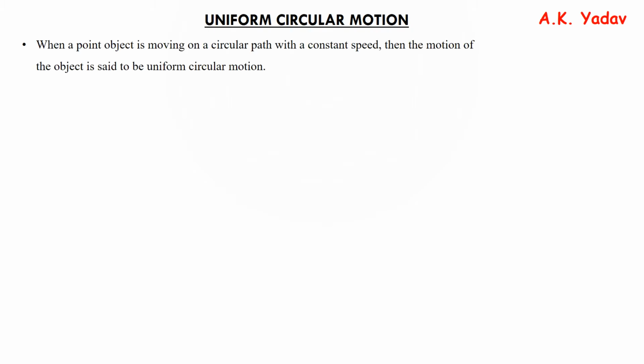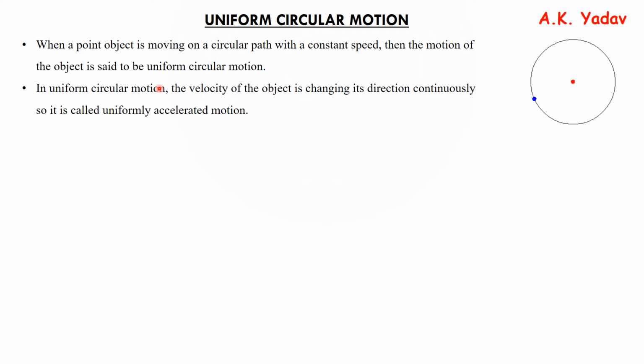Now, uniform circular motion. When a point object is moving on a circular path with a constant speed, as you can see here, then the motion of the object is said to be uniform circular motion. In uniform circular motion, the velocity of the object is changing its direction continuously.